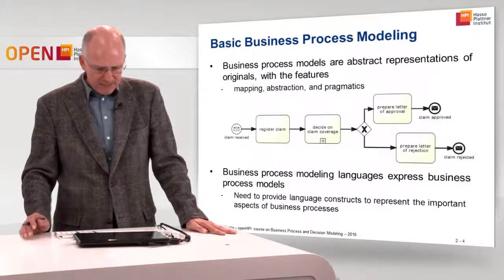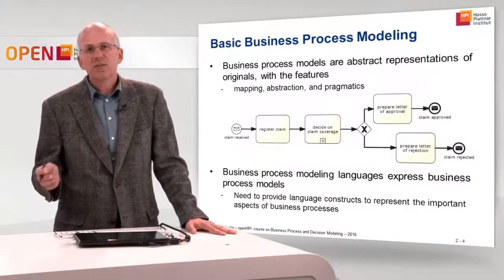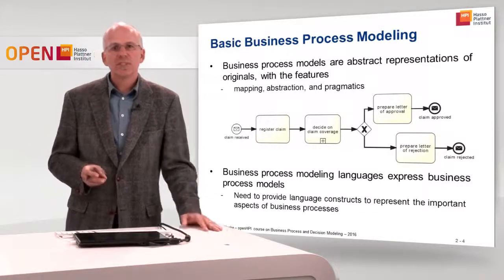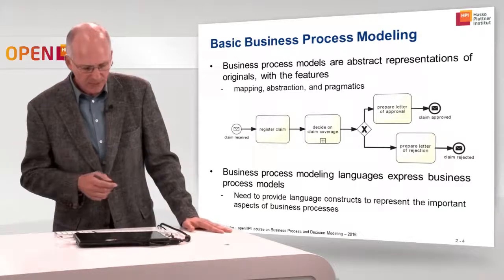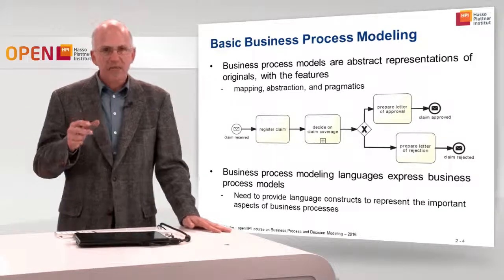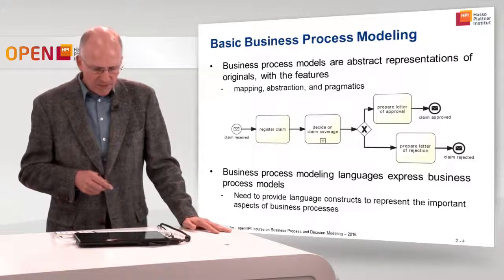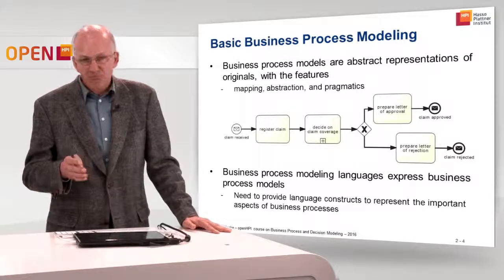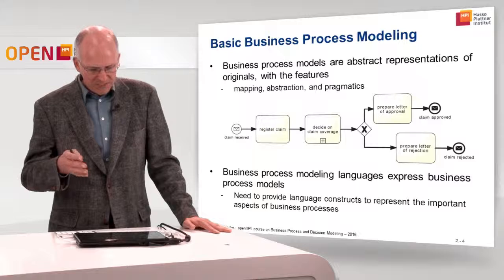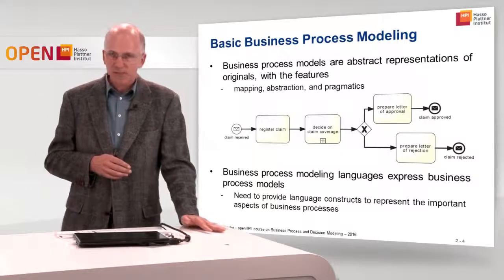And this process model is an abstract representation of the process as it runs in the insurance company, because only the main activities are shown here. And also certain things are abstracted from, so maybe activities that are not so important are abstracted from.